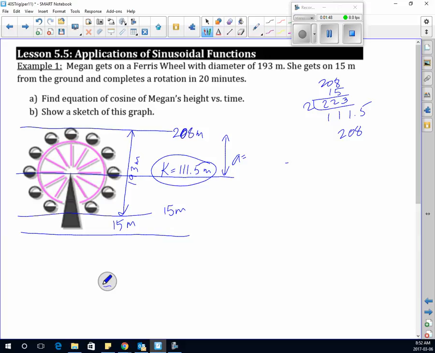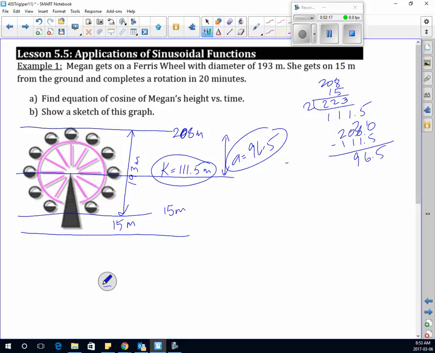So if you knew what the radius is, it's just 15 plus that, right? Or sorry, the radius would be where it is. But anyways, I can do it this way. So that's 96.5. Yeah, I could have halved it, right?